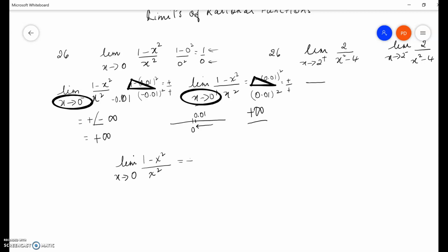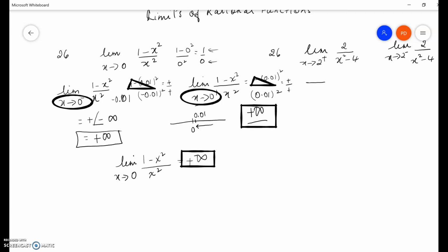Each is equal to positive infinity. The left limit is equal to the right limit, and hence we can write the limit as positive infinity. So this function has an infinite limit as x approaches 0. Let's look at the next one.